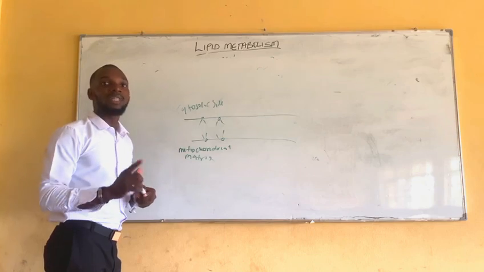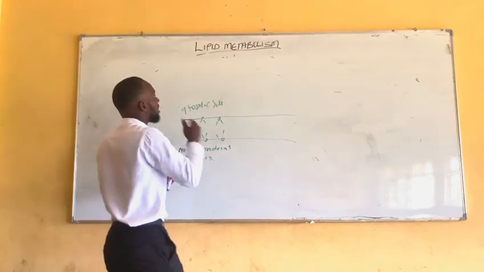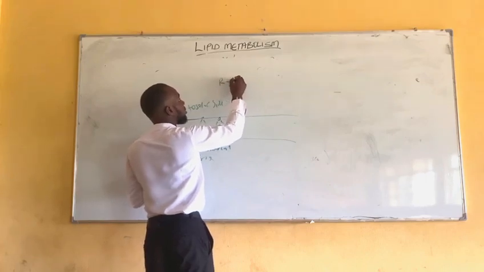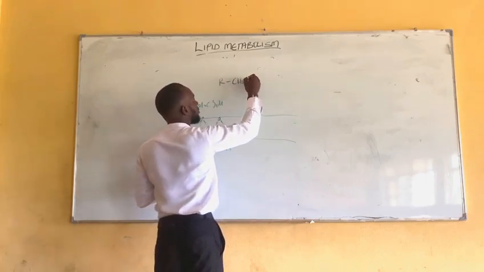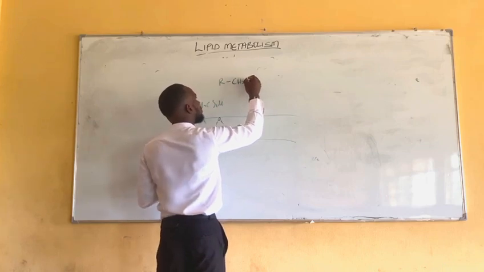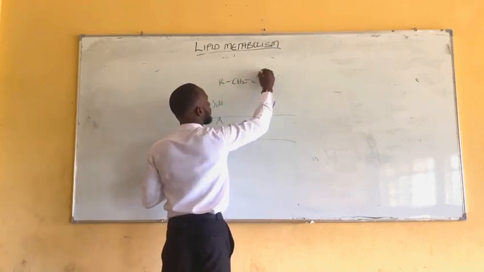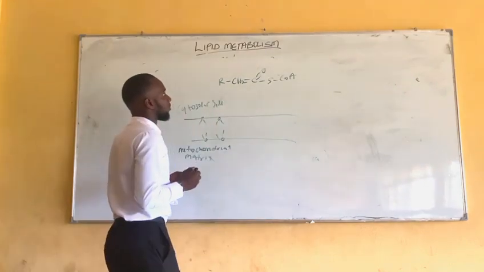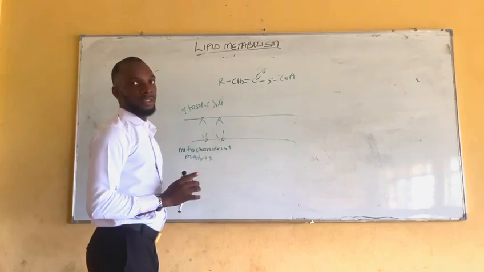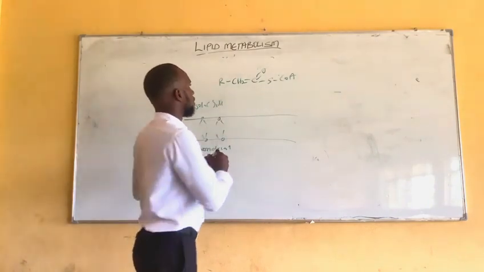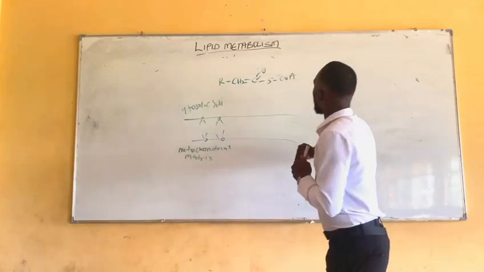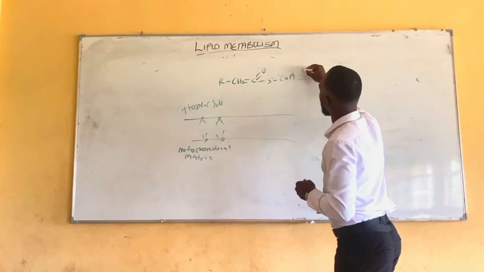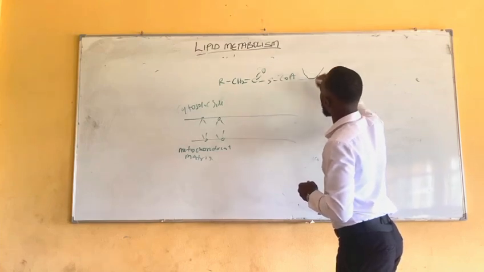Yes, it's called carnitine. So let's say this is how acyl-CoA looks, right?